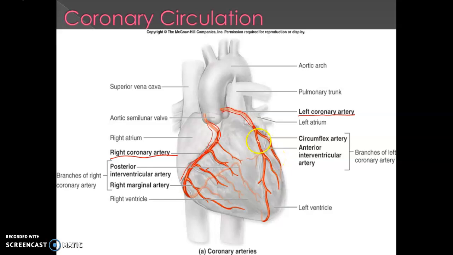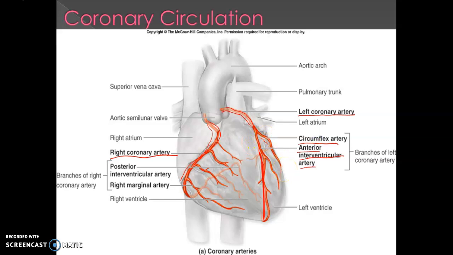The first branch, which runs like this, is called the anterior interventricular artery, and this runs along the anterior interventricular sulcus. So this artery sits on the anterior interventricular sulcus, and the other branch is called the circumflex artery, which runs like that.